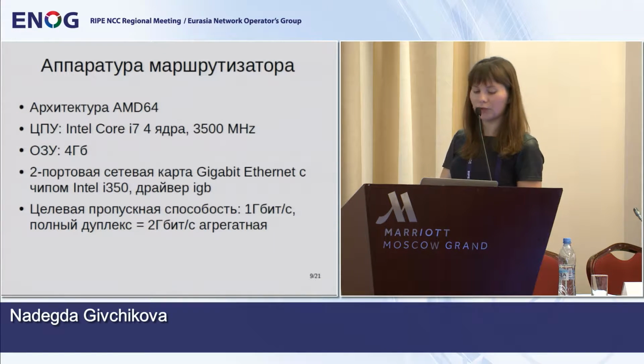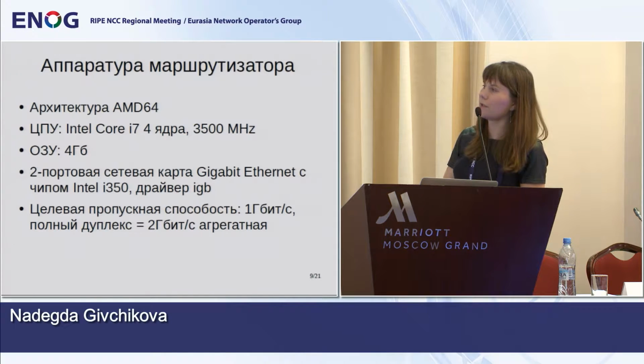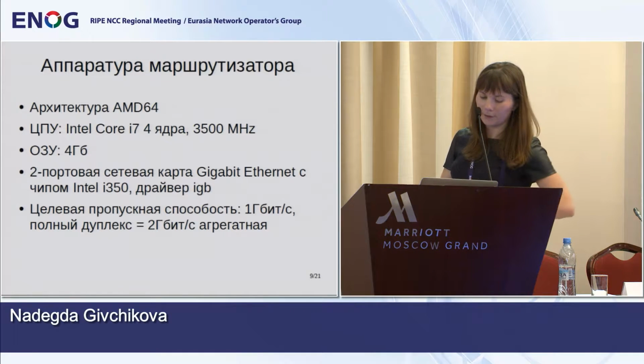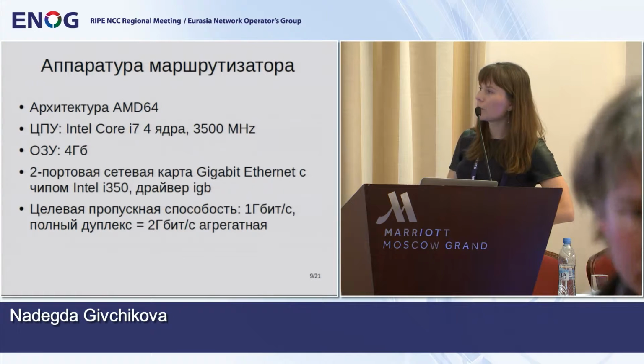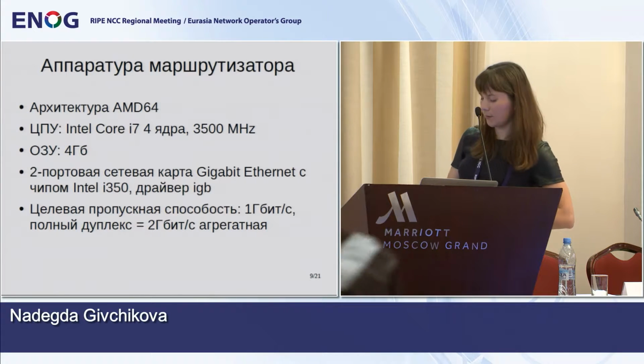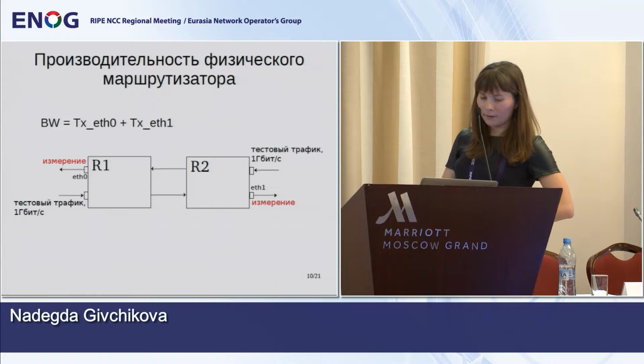What is important? 4 cores, and the network cards were specific. They enabled the kernel to balance load between all the cores evenly. And we have 2 network interfaces. We want to get the performance of 2 gigabits per second.